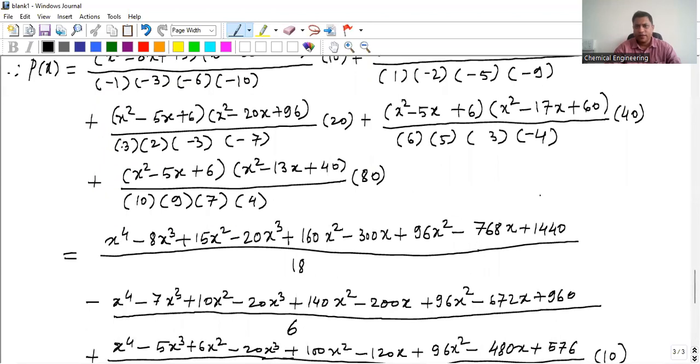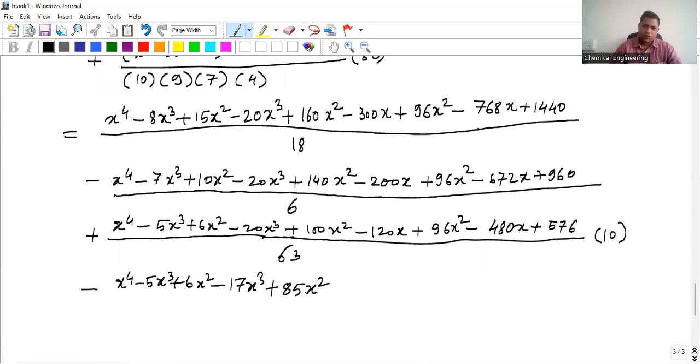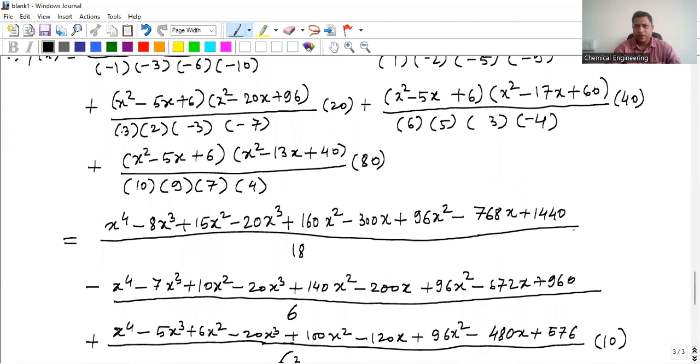Then 17 sixes, 102. So we're going minus 102x.